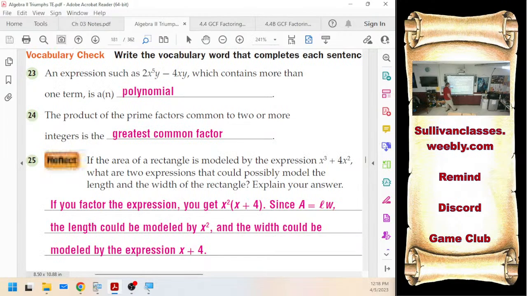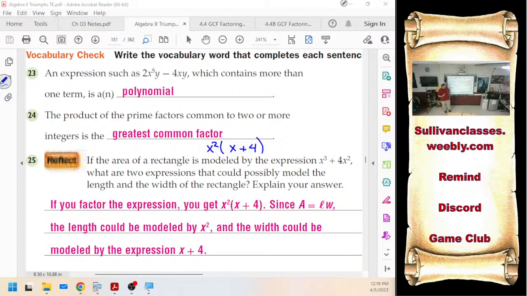Okay, vocab is always pretty straightforward. Two expressions that can be a factored version of this. So normally I would take 2 x's out, leaving an x and a 4, if I'm looking for GCF, the greatest common factor.